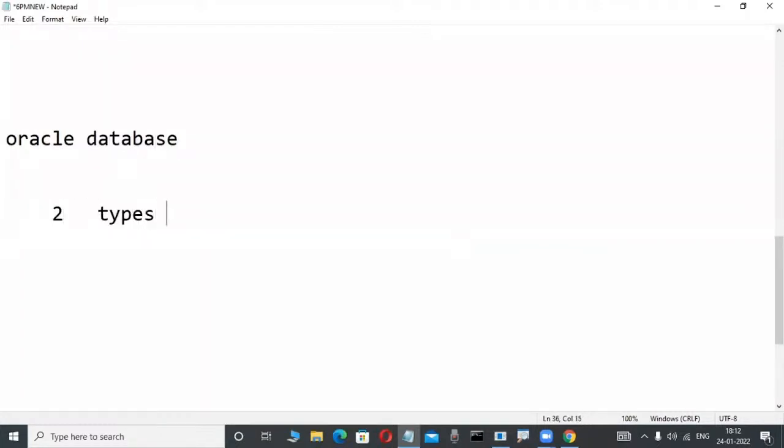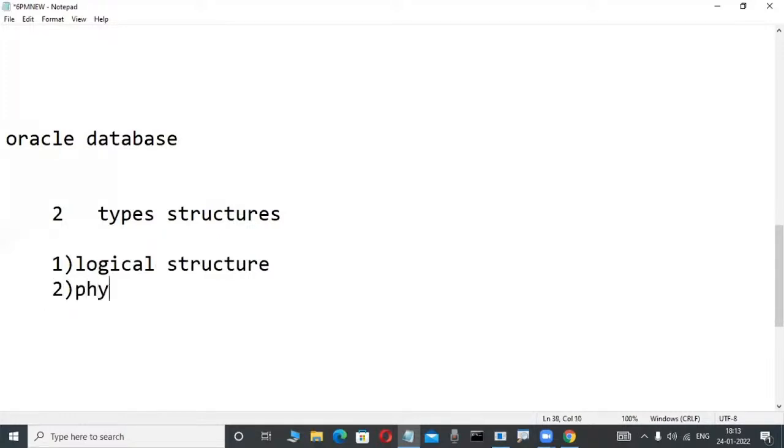One is the logical structure, another one is the physical structure. What does a logical structure mean?